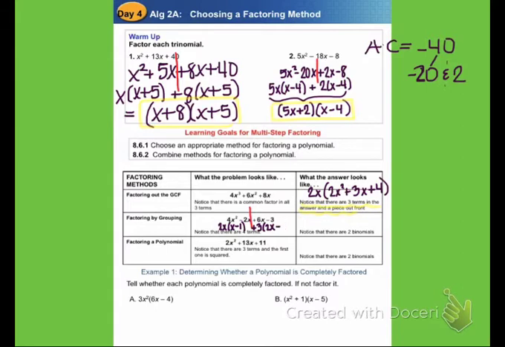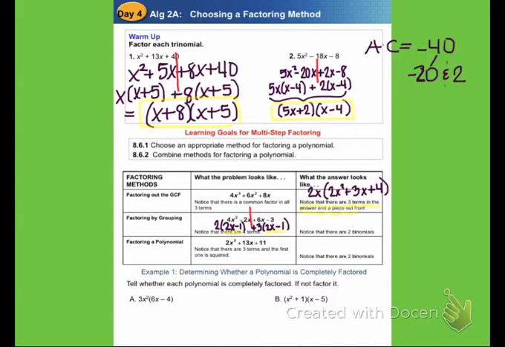Oops, and this was supposed to be, I hope you caught that, keep me on my toes, 2x minus 1. And that's actually a good thing to happen, because if you do something like this, factor by grouping, and your binomials don't match up, you don't have a common binomial, you must have done something wrong, or it's not factorable. So I realized I did something wrong.